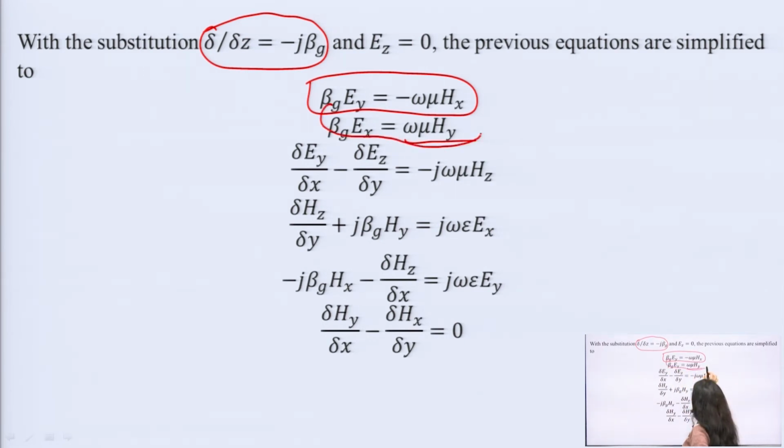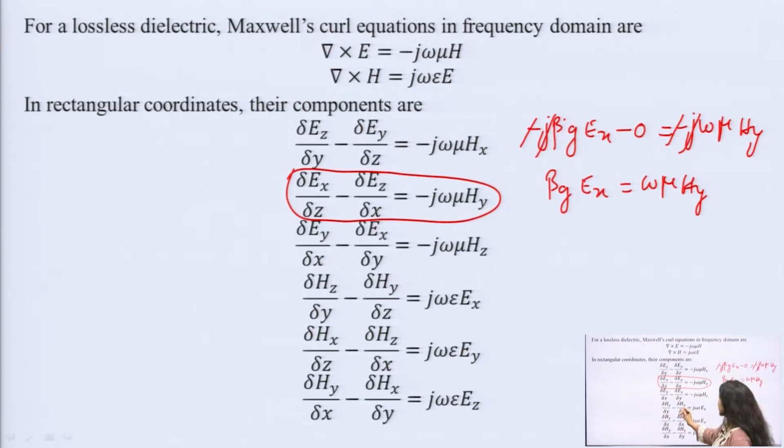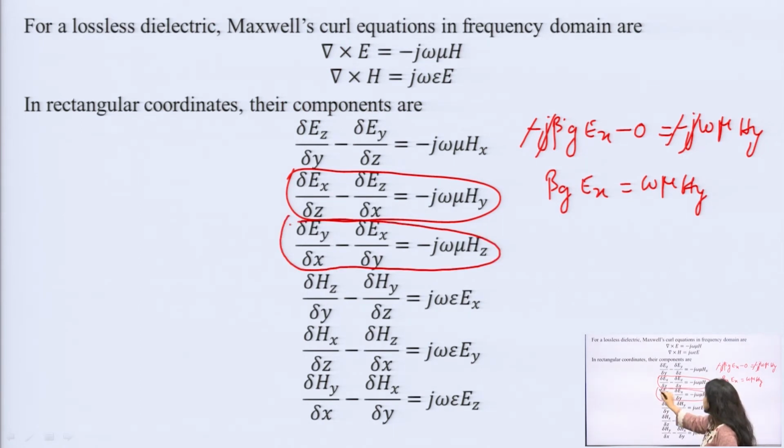So you can get all these expressions. The first two I have done for you, and the rest you can get just by substituting del upon del z by minus j beta g and Ez equal to 0. All of you are instructed to substitute in all the expressions, for example the third, fourth, fifth and sixth.